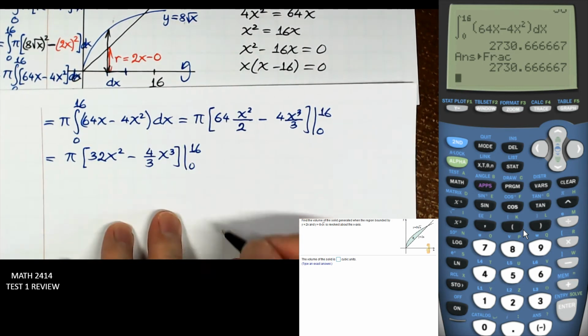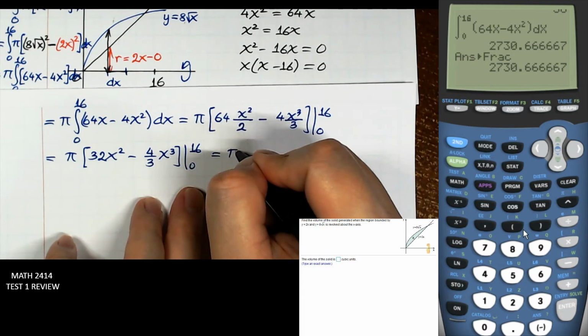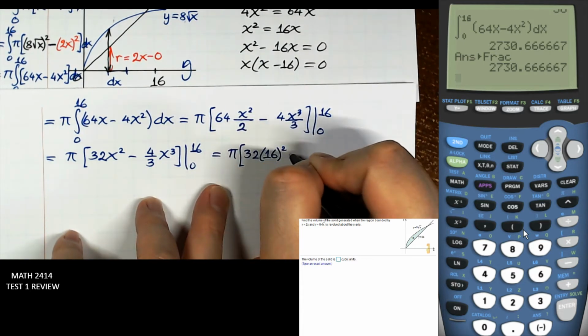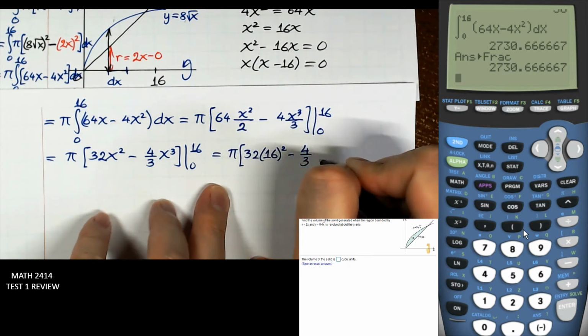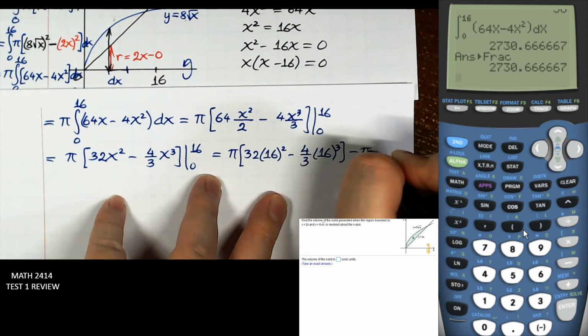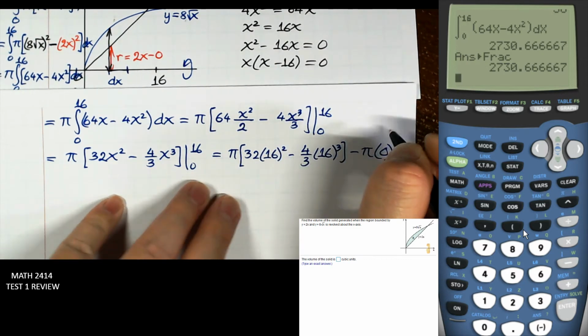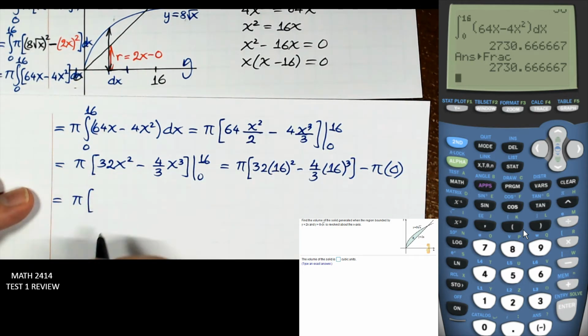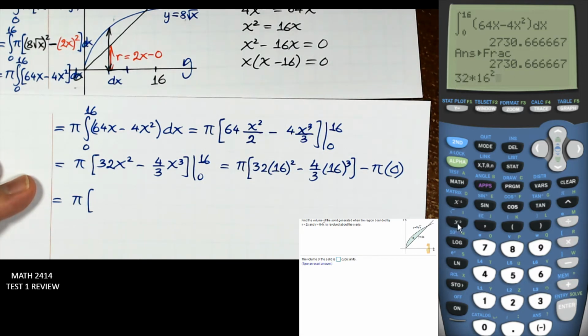Right, put in 16 and put in 0. We should have just 0. So we will have pi times 32 times 16 squared minus 4 thirds times 16 cubed.